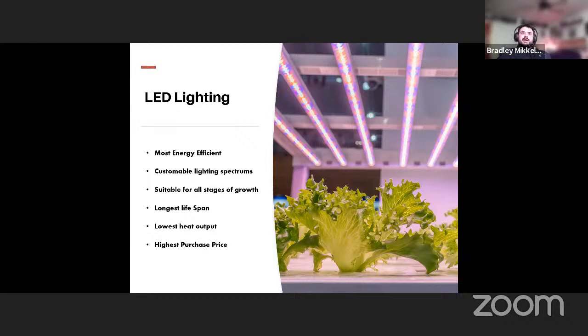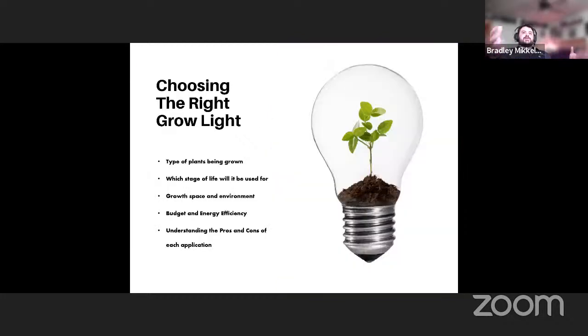So now, choosing the right grow light for your space or for the stage of life that you're trying to develop. I mean, there's a lot of factors that can go into this. Biggest one is the type of plants being grown. Say you wanted to do a microgreens production. You could set up a shelf system with some LED lights or even some fluorescents.